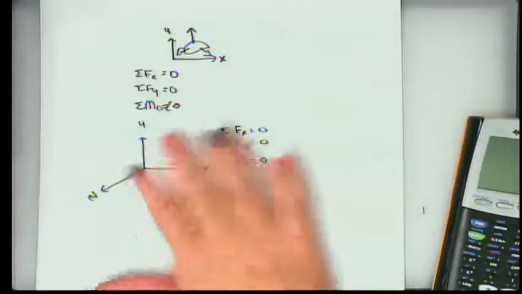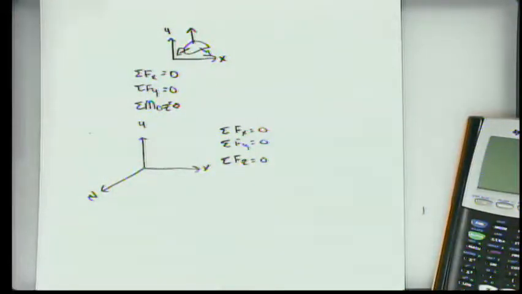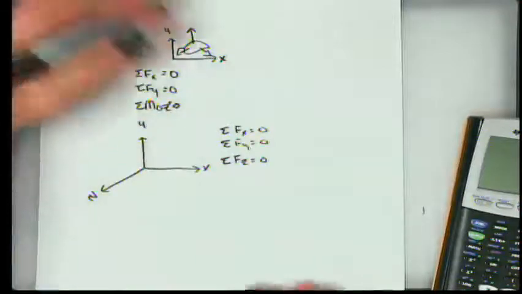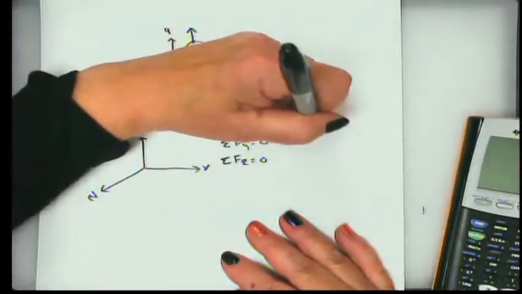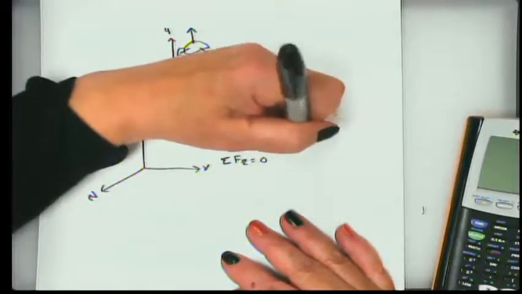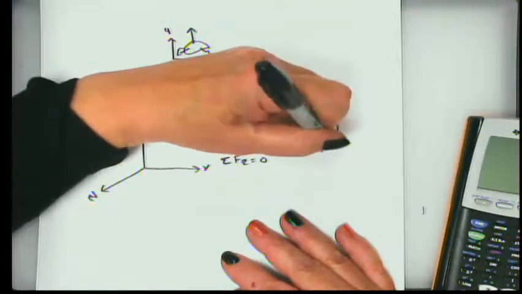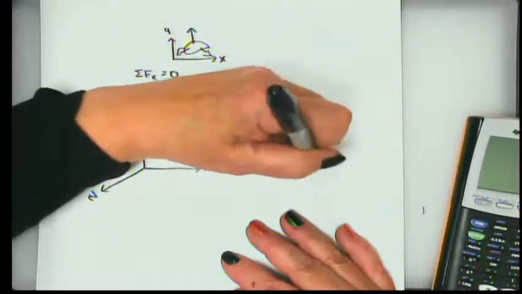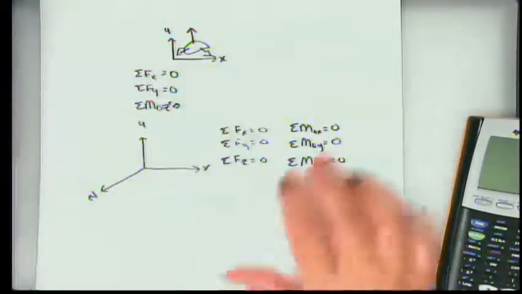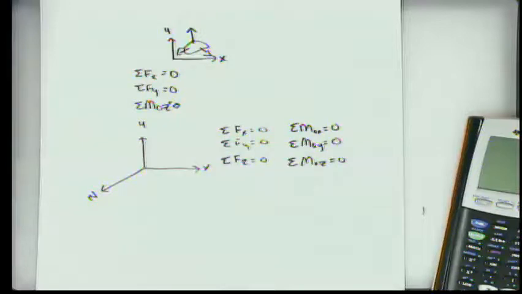And because then our moment is not defined as perpendicular to any particular plane, we're also going to have to do a summation of moments in all 3 vector directions equal to 0. So in 2 dimensions, we have 3 equations that we have to solve in order to establish equilibrium. In 3 dimensions, we have 6 equations that we have to solve in order to establish equilibrium.